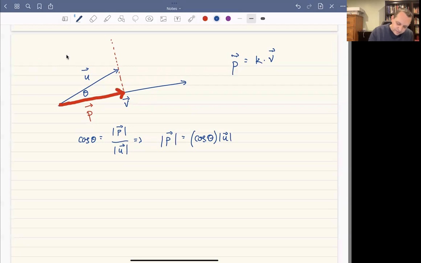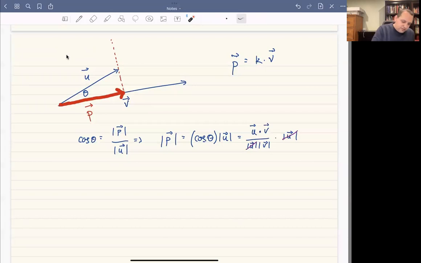It's nothing more than the dot product of U and V divided by the length of U times the length of V. Then here we're multiplying by the length of U, and it turns out that the lengths of U cancel. So the length of the vector P is going to be exactly this: U dotted with V divided by the length of V.